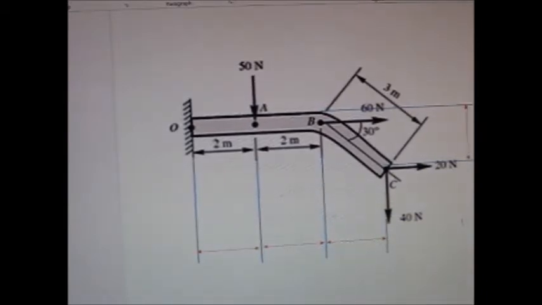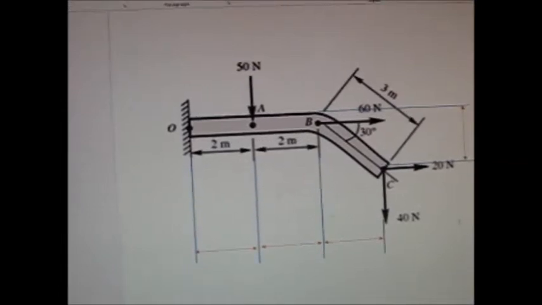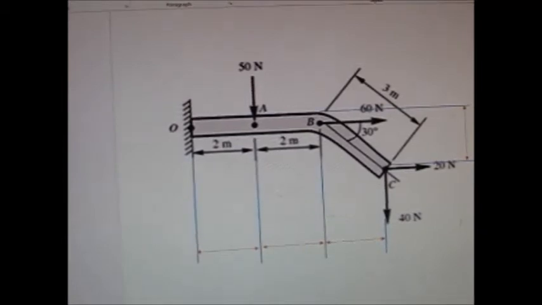I saw few of the assignments people sent me by email, and this was the problem. So it means that I always have moment except the case when the point is on the line of action of the force. And clockwise negative, counterclockwise positive.